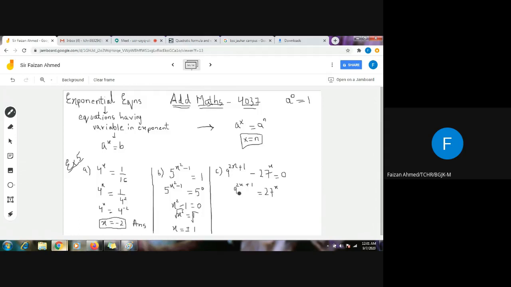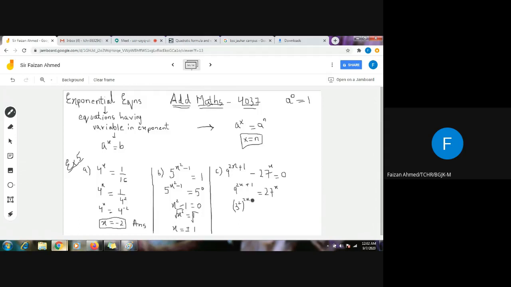I cannot make 9 into 27 or 27 into 9, but I can convert both to a common number, that is 3. I can write 9 in the form of 3 squared. 3 squared is basically 9, and the whole power will be as it is, that is 2x plus 1.